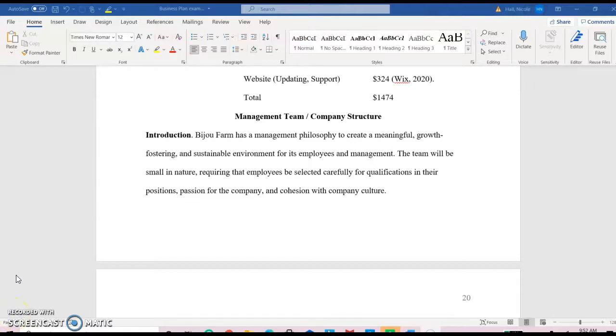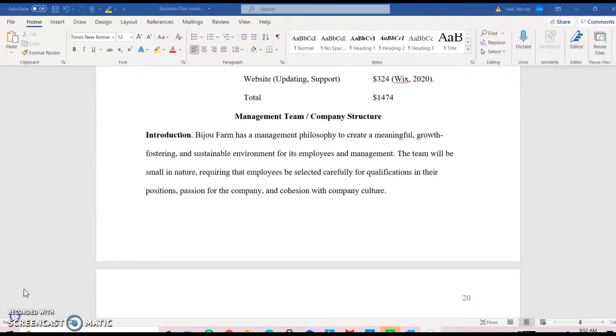The management team of a new firm typically consists of the founder or founders and a handful of key management personnel. Early stage firms may have only the founder or founders and plans to add additional personnel. The description of a firm's management team should be largely factual, but should be presented in a way that makes it easy to visualize where the firm is today and where it plans to be in the foreseeable future.